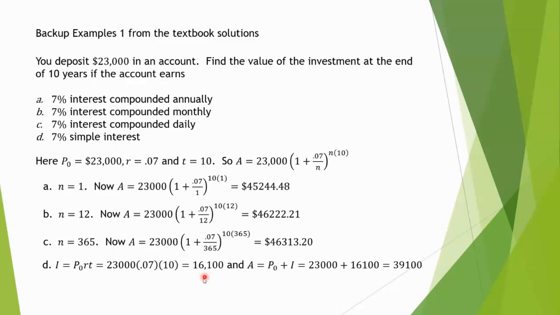We got $16,100. Capital A here is P0 plus I, the principal plus interest. So we get this. You get the least amount here, so it's almost like simple interest is where you earn the least. Continuous compounding with e to the RT, you can't earn more than that, as far as I know.